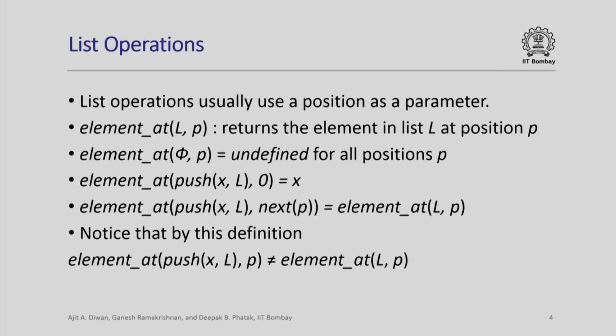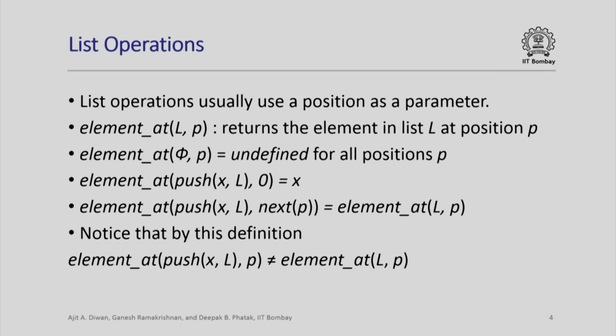So, if the value of the list is push x comma L, the element at position 0 is the element x itself. Otherwise, for element at push x comma L, if the position is not 0, it is some next of p for some position p, then the element at position next p in the list obtained by pushing x comma L is the element in the list L at position p.